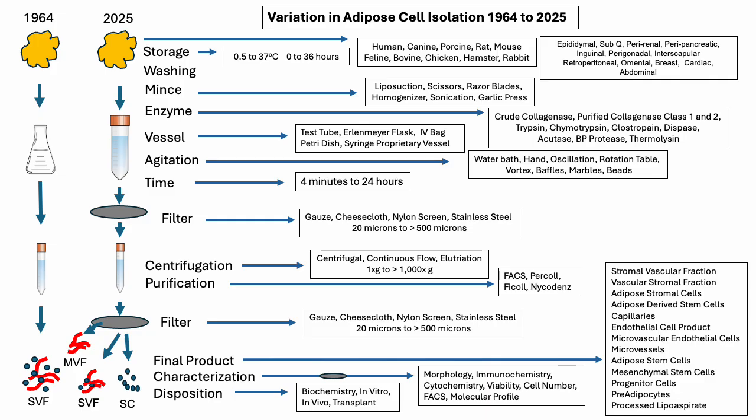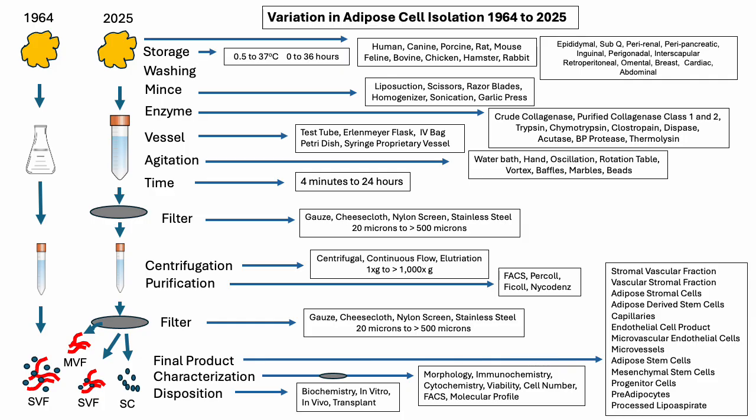And those filters can be as small as 20 microns. That will effectively remove a significant portion of the endothelial cell component of the cell isolate that you have.